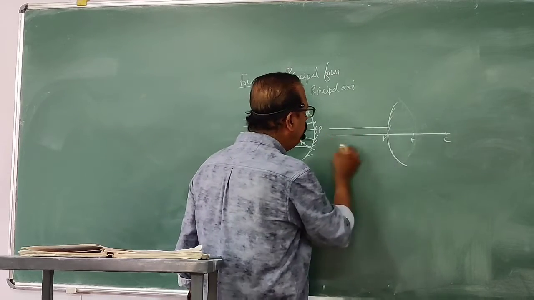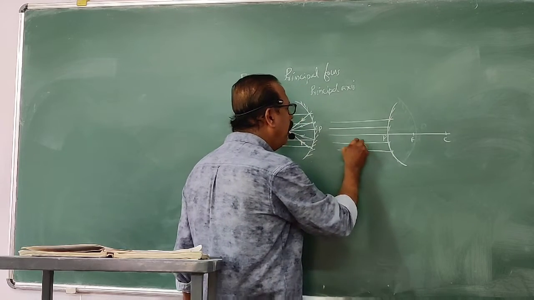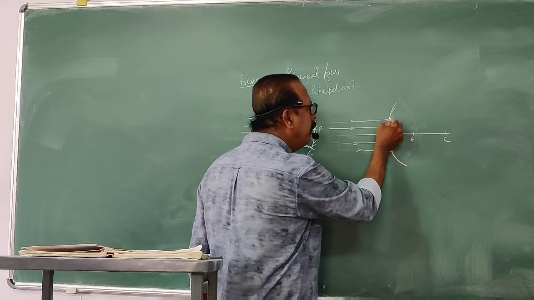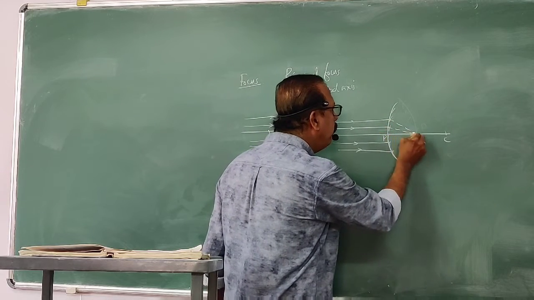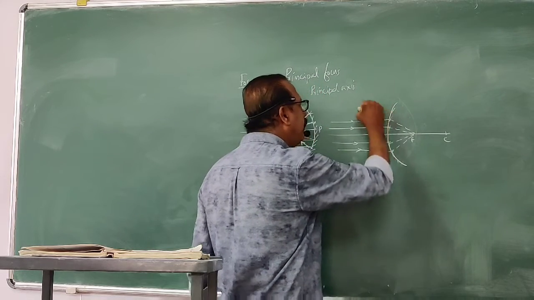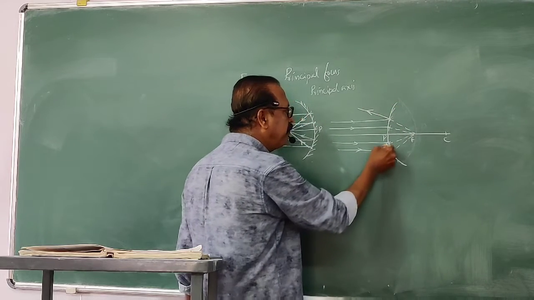A narrow parallel beam of light close to the principal axis, after reflection from the convex mirror, will appear to come from the focus. The reflection will be exactly like this.